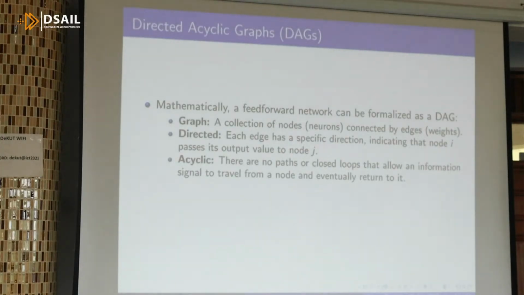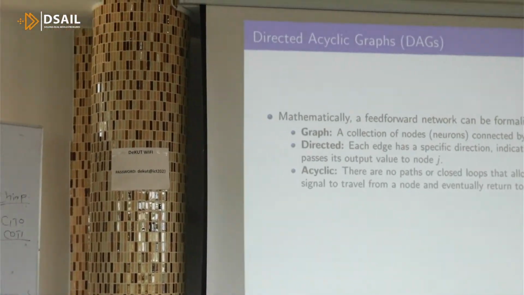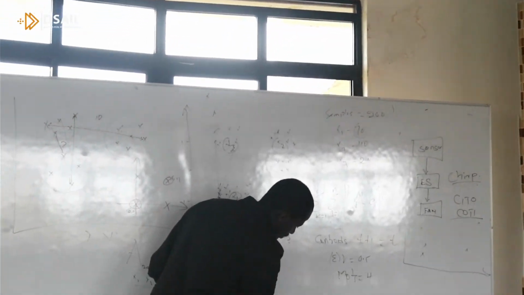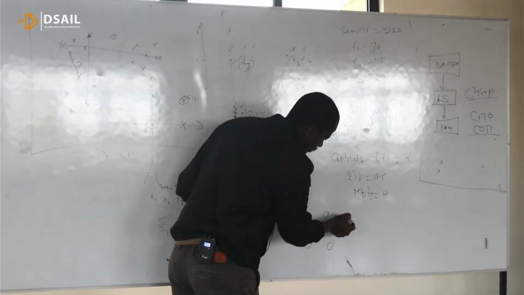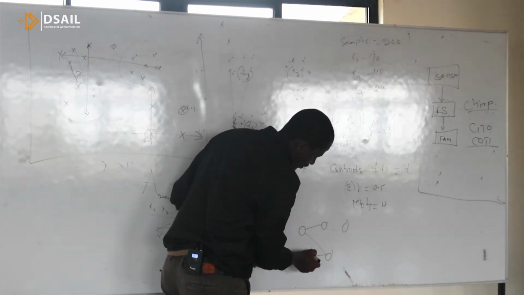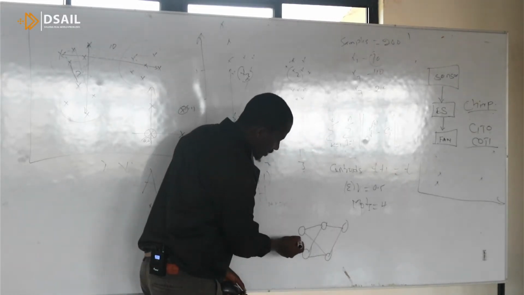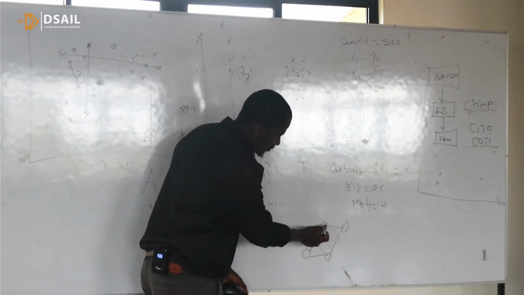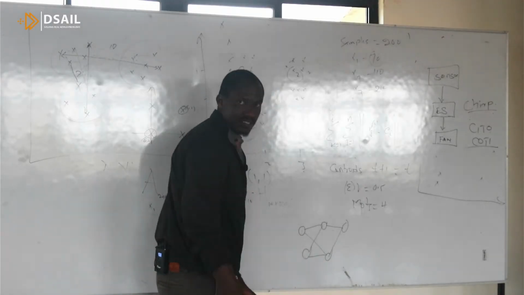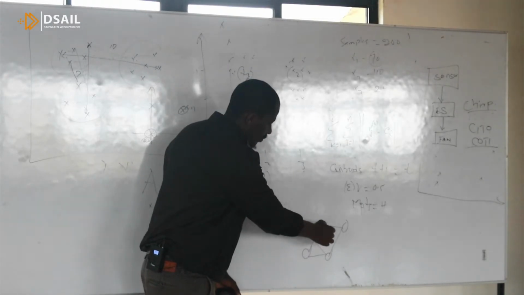Okay. So maybe it might be useful to see what a graph is. So basically, this is what we mean by a graph. Something like this. These are nodes. And at each node, there's a computation that is happening. And these are basically weights.